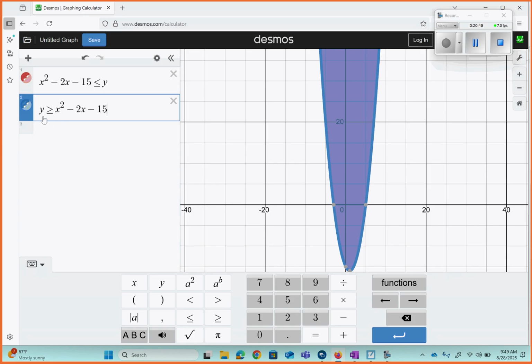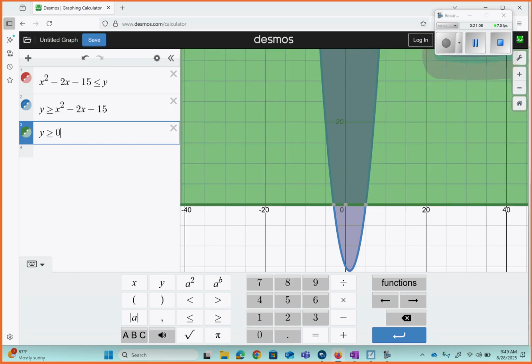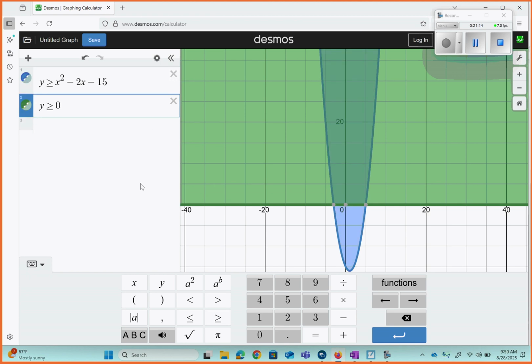Okay. So I'm looking for where the y value is greater than or equal to 0. All right. So I'm going to eliminate this first graph because there are too many things to look at. There's our equation.